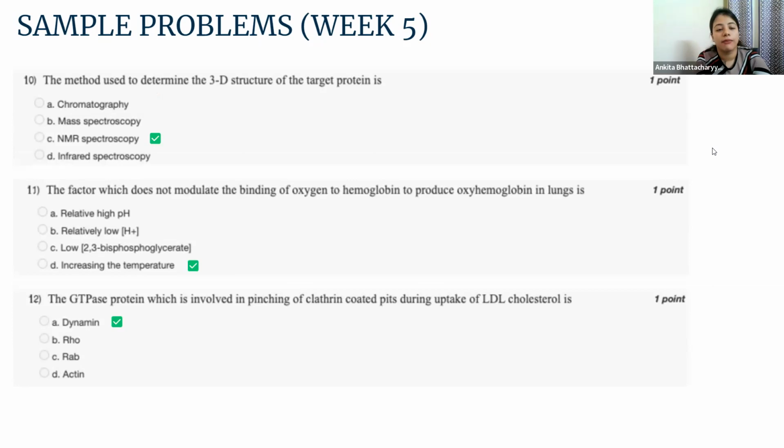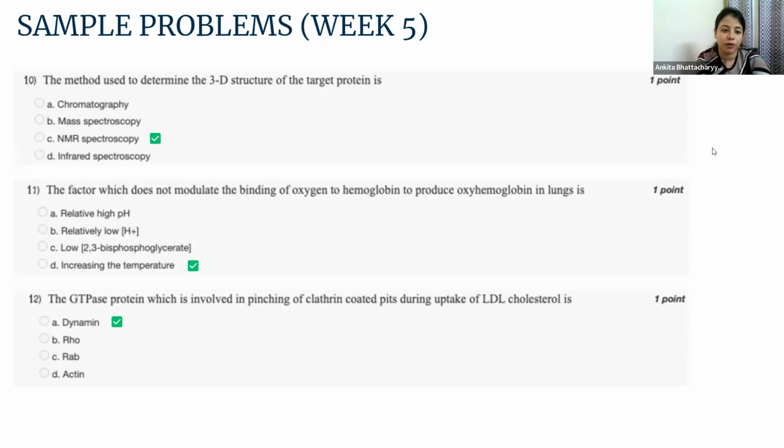Then we come to the method that is used to determine the 3D structure of the target protein. We look at chromatography, mass spectrometry, NMR spectrometry, and infrared spectroscopy. So it's obviously a well-known and extremely well-studied experimental technique, and that is NMR spectroscopy, right?